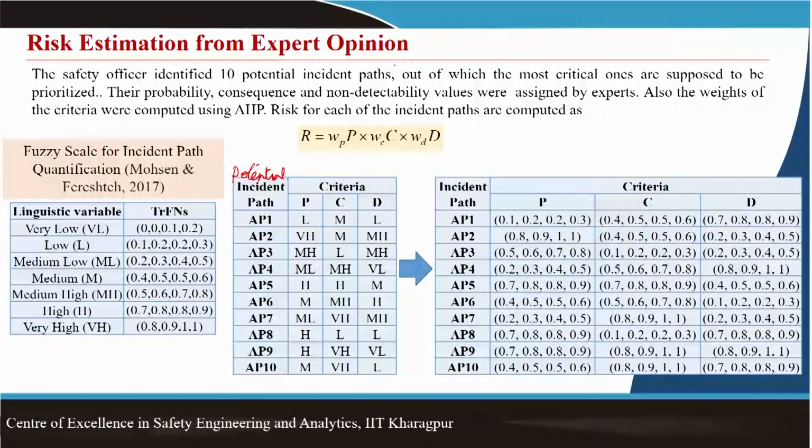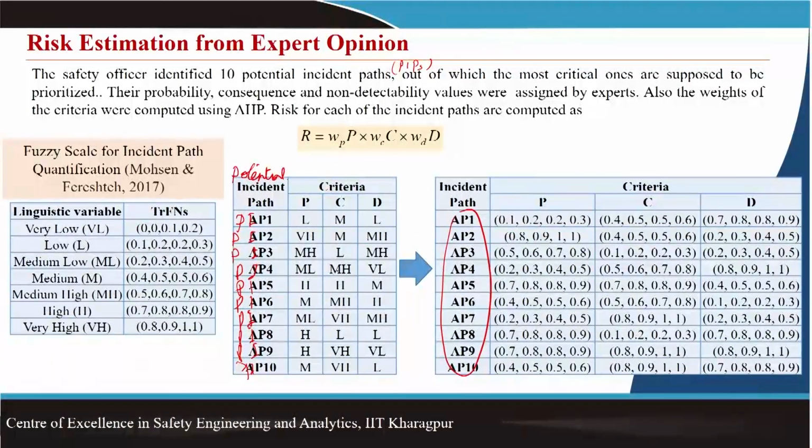So, 10 potential incident paths, PIPs: PIP1, PIP2, PIP3, PIP4, PIP5, like this. Okay, you can change this accordingly and write potential incident path.